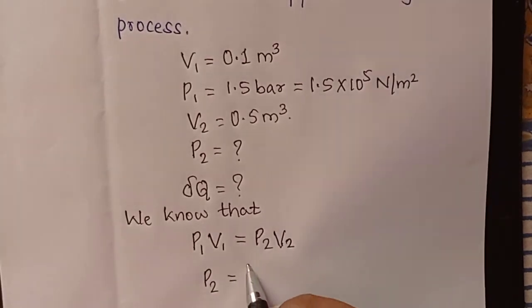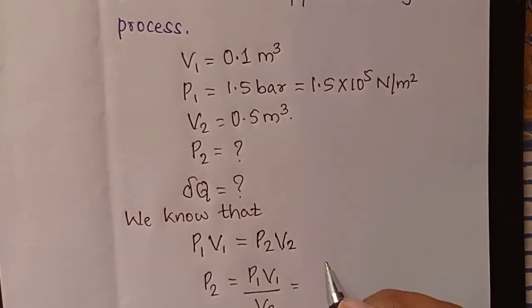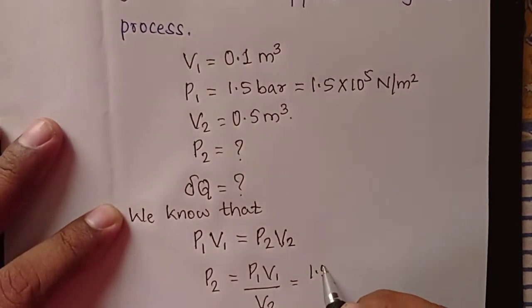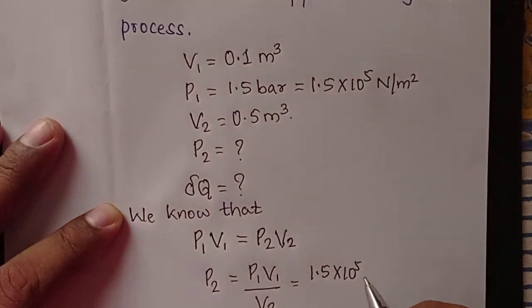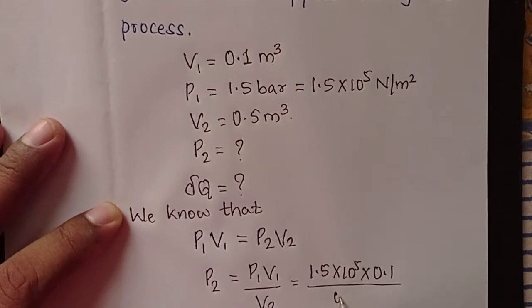P2 will be equal to P1 V1 by V2. So P1 is given, it is 1.5 into 10 to the power 5, into V1 is 0.1, divided by V2 is 0.5.